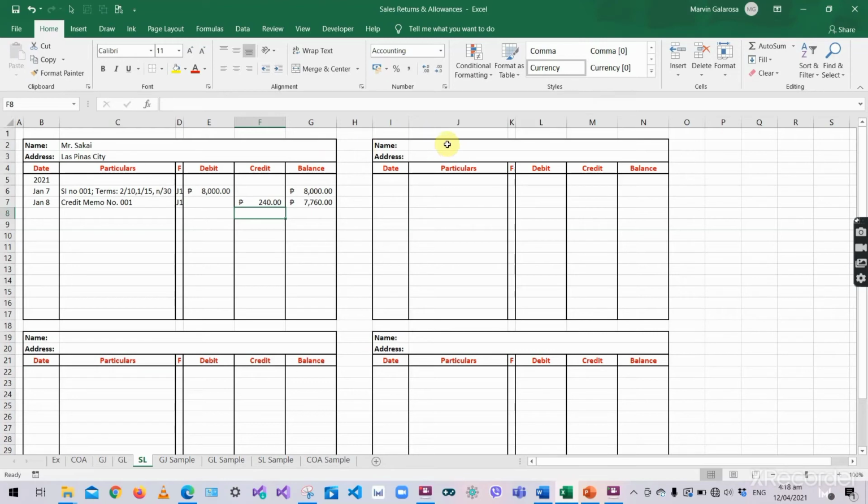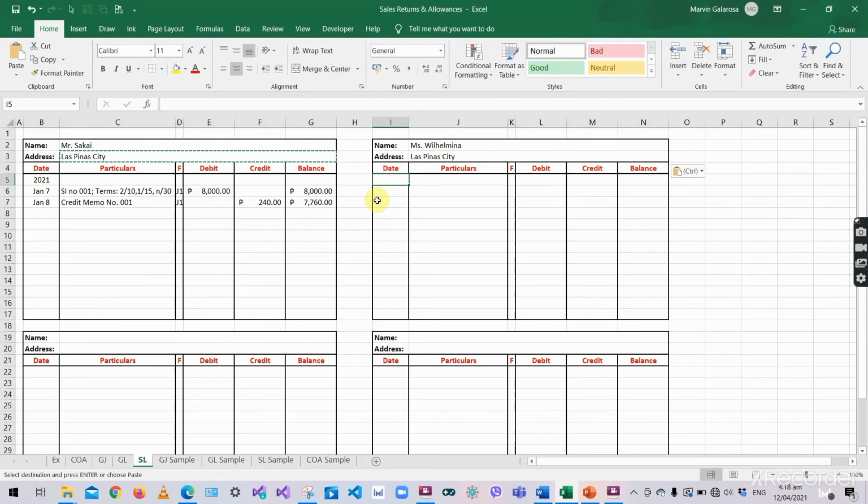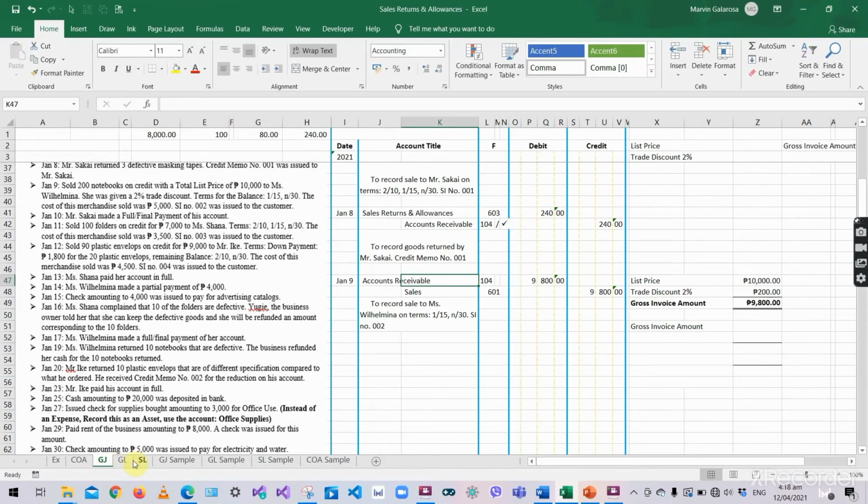So, name ng customer, Miss Wilhelmina. Address, assume na lang natin na sa Las Piñas siya. 2021, January 9.